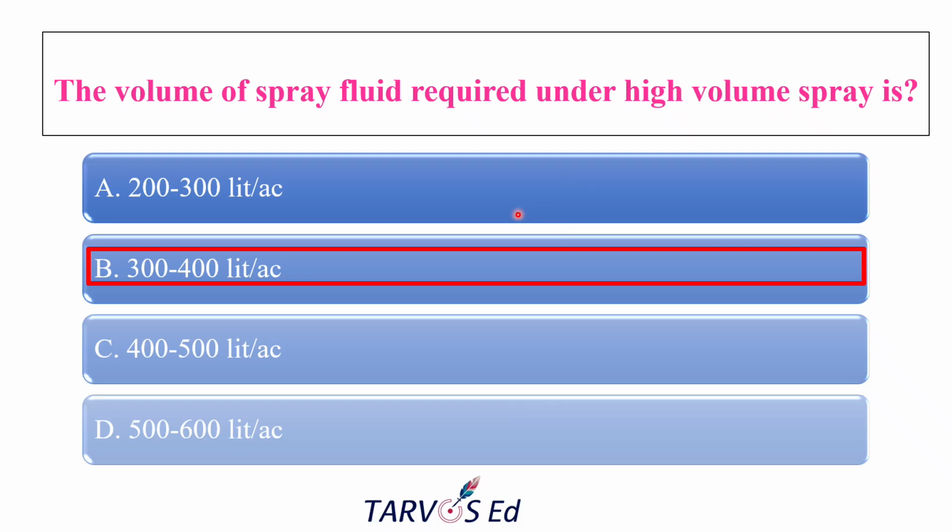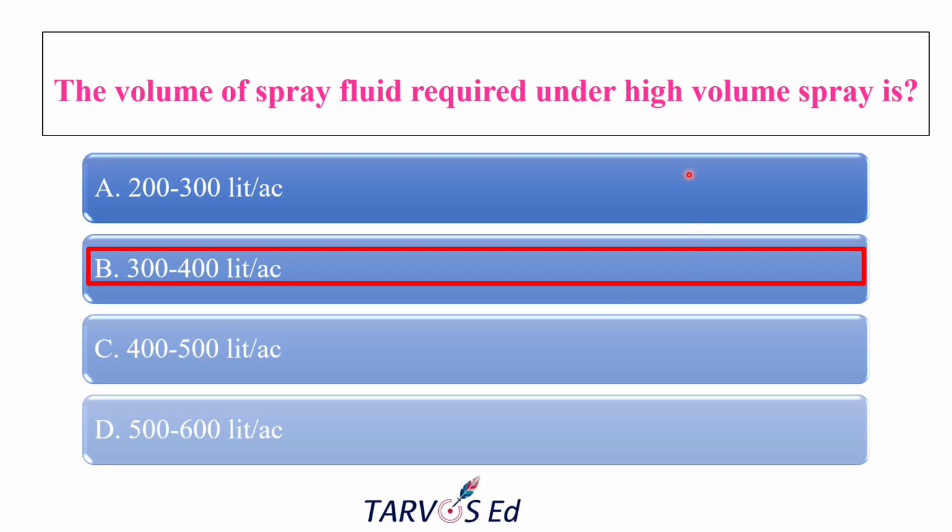Low volume spray means 5 to 400 liters of spray fluid are required. When it comes to ULV sprayer, ultra low volume sprayer means less than 5 liters is enough to cover the hectare area.